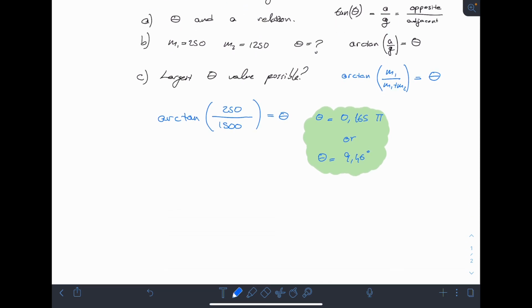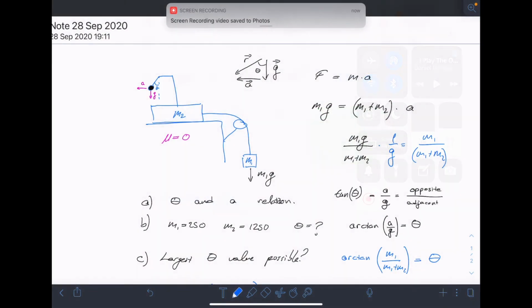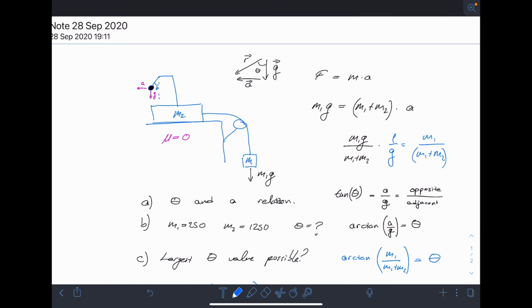And our last question: the largest theta value possible. Since we see that theta equals arctan of m1 divided by m1 plus m2, for the third question we should take into consideration how our system works.